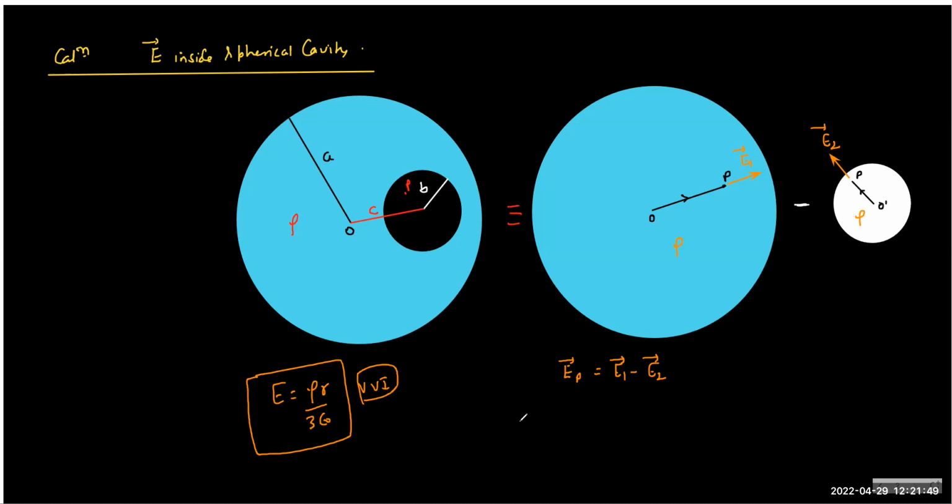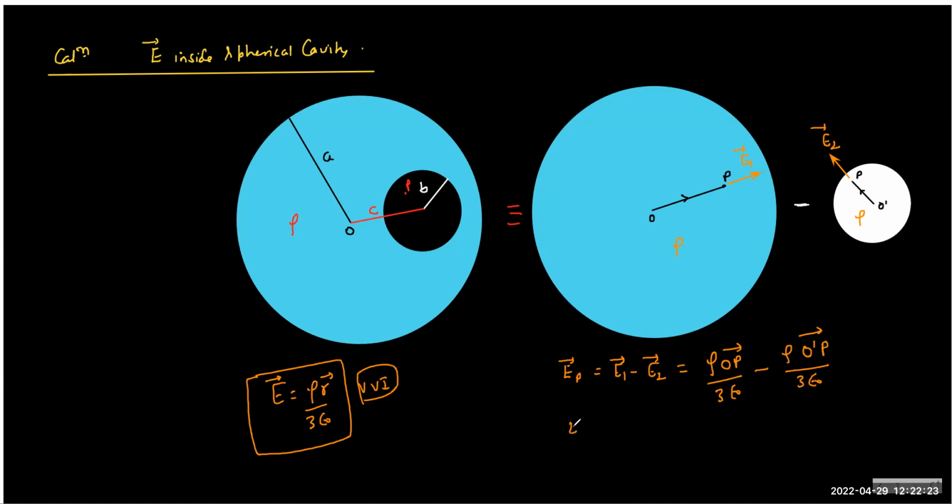So you can write this as rho times, now what is r for the first big sphere? OP vector, because in vector form we write r vector, upon 3 epsilon naught, minus rho O dash P vector upon 3 epsilon naught.